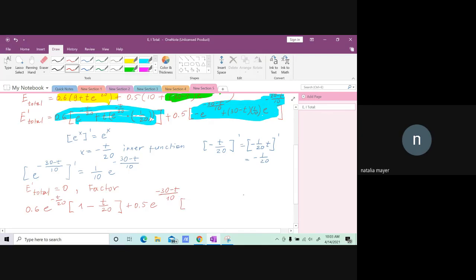Now, Marwan, you will tell me what's the leftover in the bracket. What's left from the first term? It used to be negative e to the power. So what's left? Negative 1 is left. Marwan, what's left from the second expression?